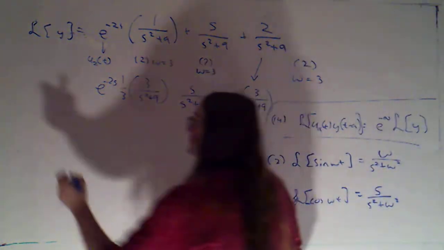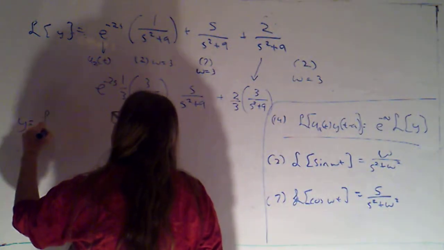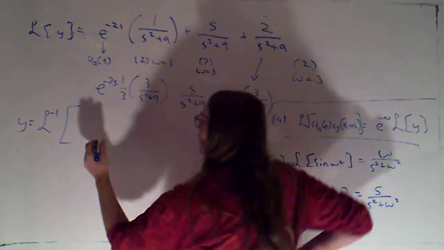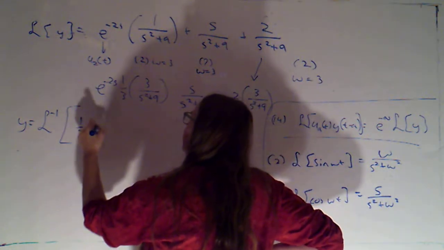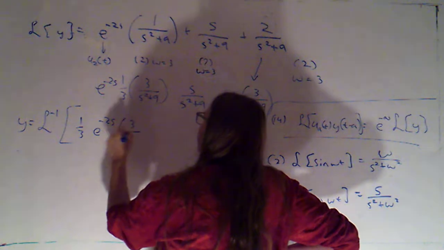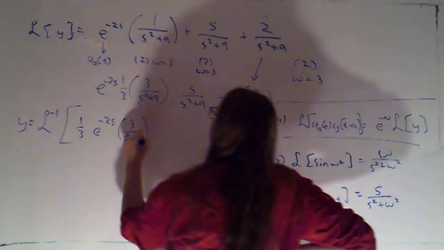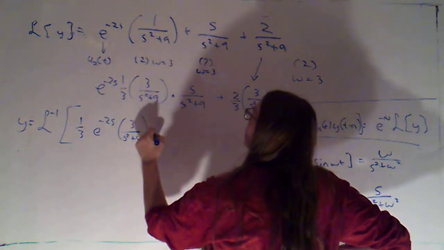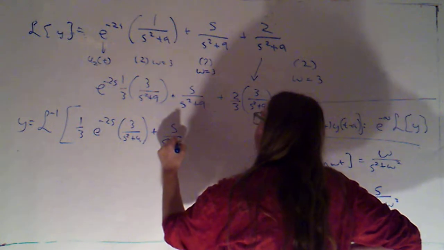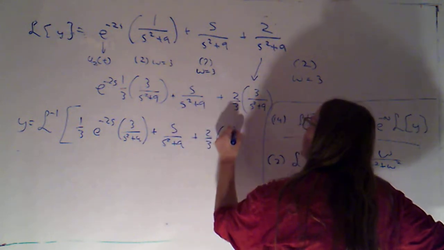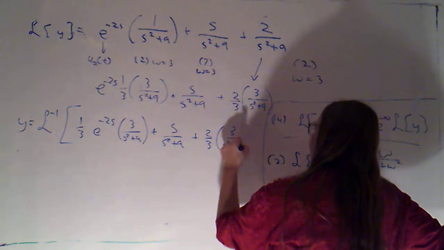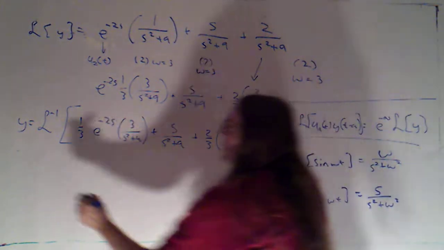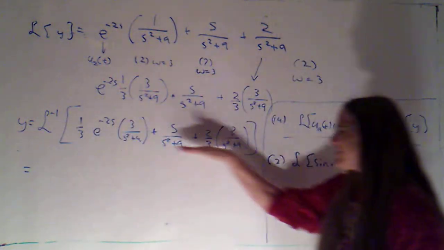So now I can say my y is the inverse Laplace transform of 1/3 e to the negative 2s times 3 over s squared plus 9, plus s over s squared plus 9, plus 2/3 times 3 over s squared plus 9. So the inverse Laplace transform is linear.